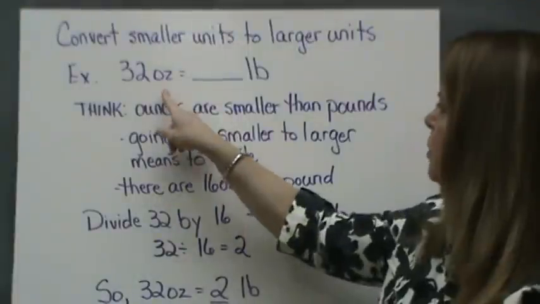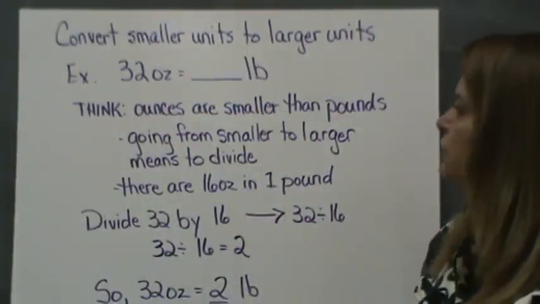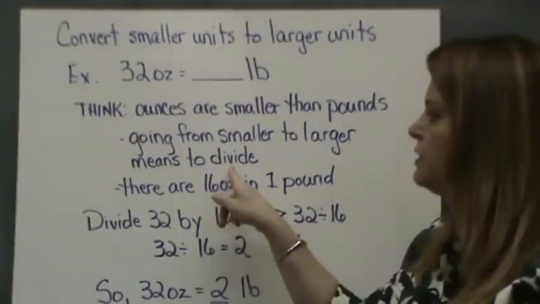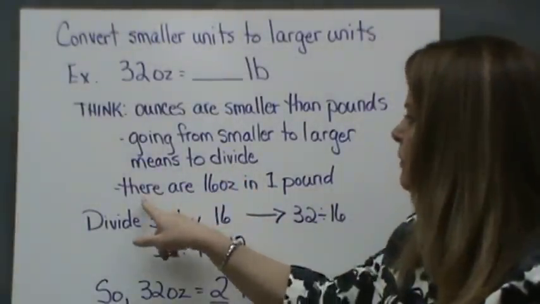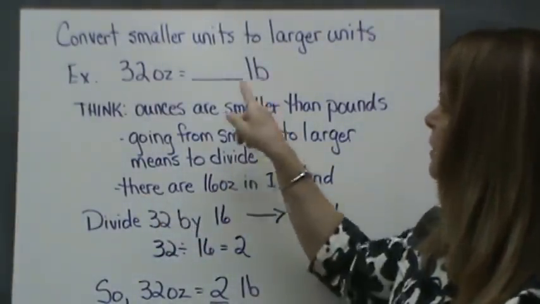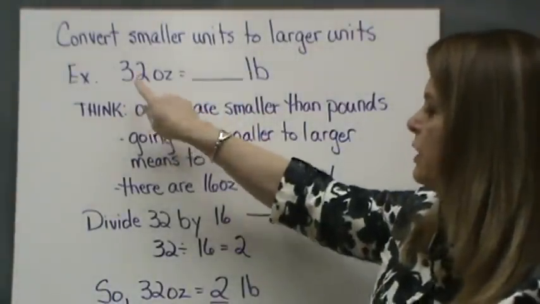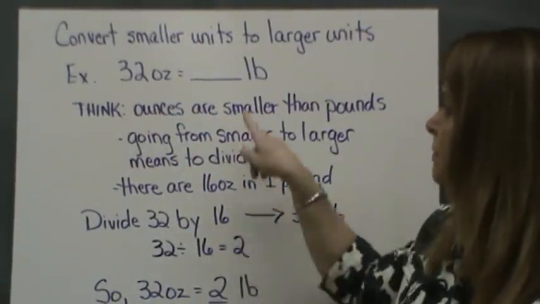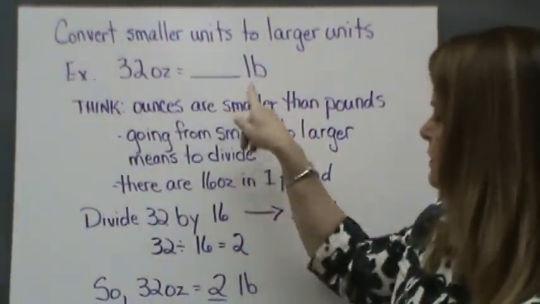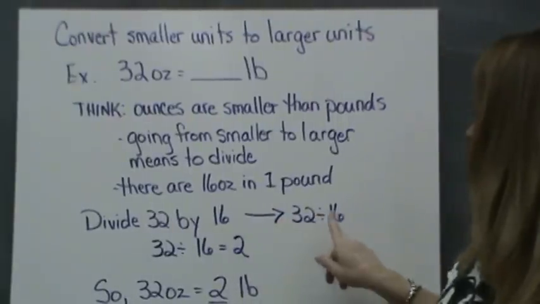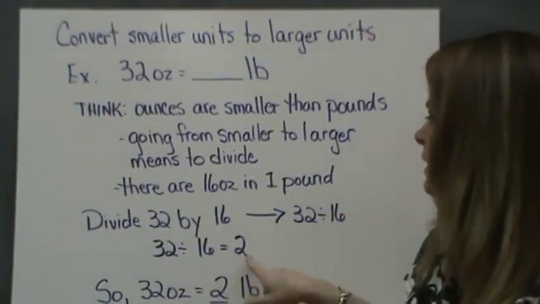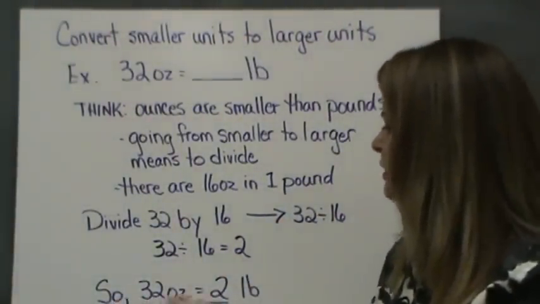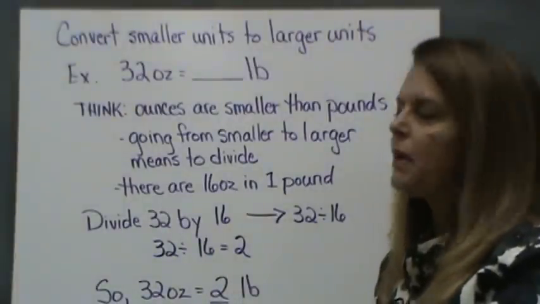I'm going from smaller to larger, so I'm going to have to divide. There are 16 ounces in 1 pound, so I'm going to do 32 divided by 16, because there are 16 ounces in a pound. 32 divided by 16 equals 2, so 32 ounces equals 2 pounds.